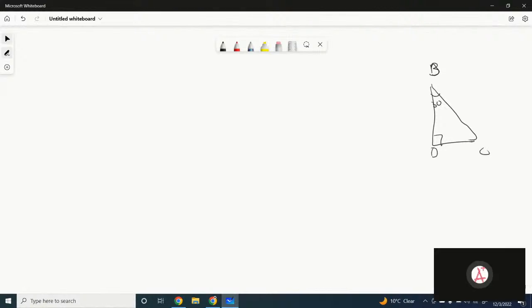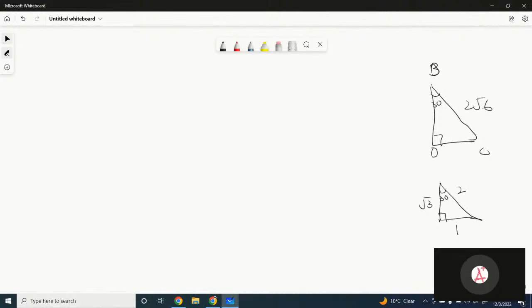The length you are given is 2 square root 6. Okay, just draw a special triangle. The special triangle is 90, 30, 60. In this case you have 1, 2 and square root 3.